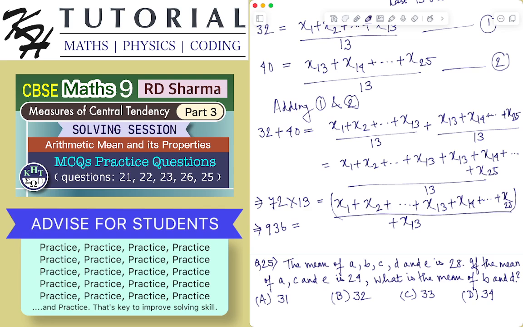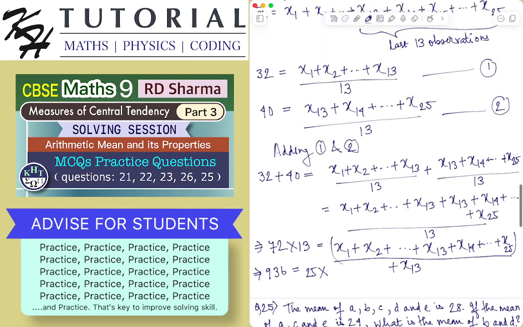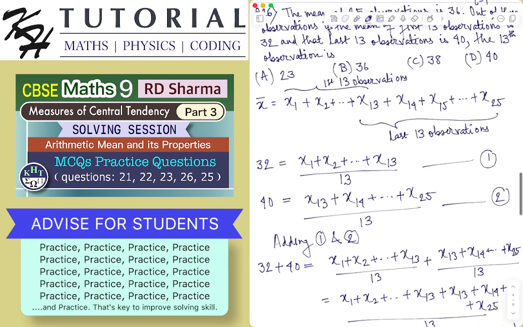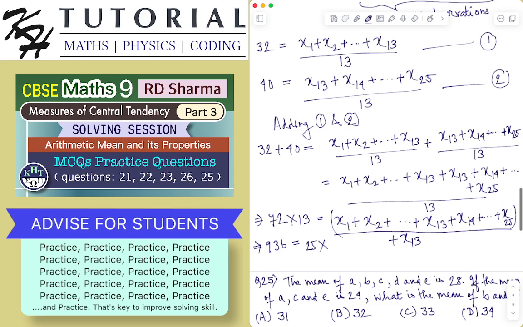We know the sum of observations is equal to mean multiplied by the number of observations. So this will be 25 multiplied by the mean of the 25 observations, which the problem gives as 36, and I have plus x13.